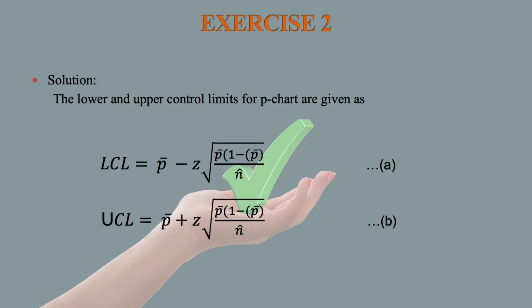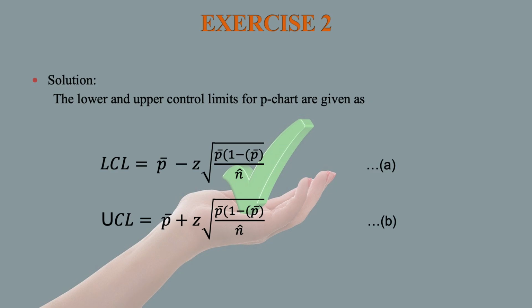Only thing you have to calculate the lower control limit and upper control limit with the help of the formulas given over here. Now the LCL is equal to P bar minus Z multiplied by under root P bar multiplied by 1 minus P bar divided by N cap. Here N cap is the sample size.